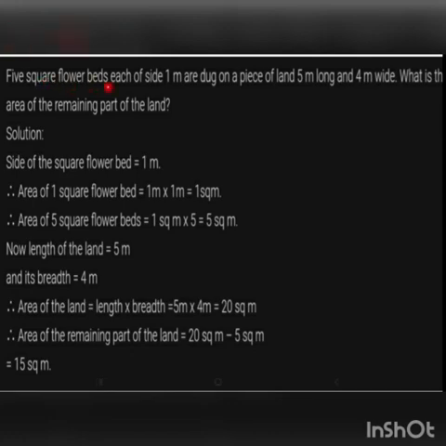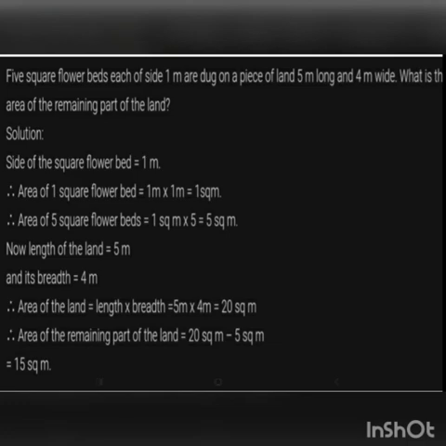Square flower beds, and the side of the square flower beds is given as 1 meter. How many square flower beds are we keeping? 5 square flower beds. Now the question is, after keeping these flower beds, how much area of the land is remaining in that piece of land? After keeping these flower beds, how much of the remaining part of the land is blank? That we have to find.